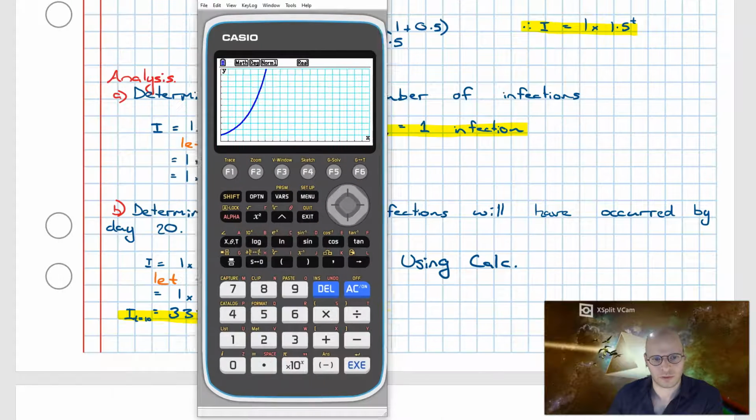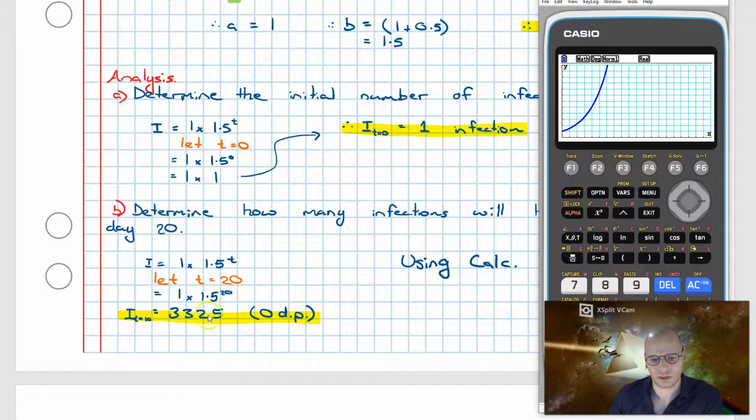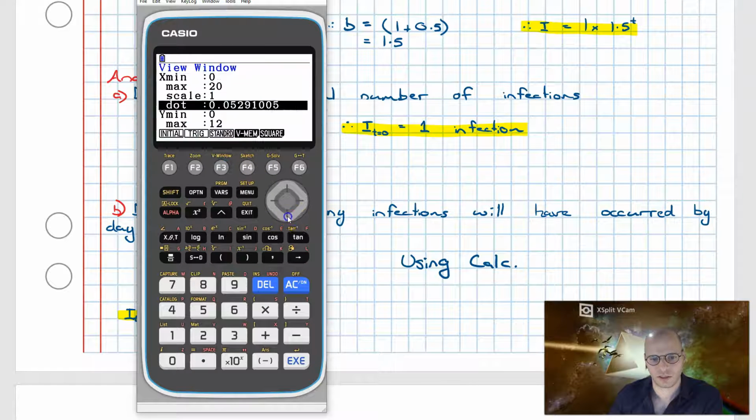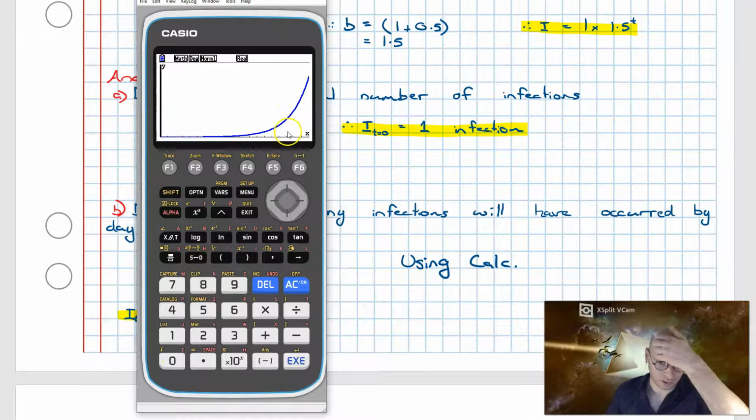Now we already have a little bit of foresight in that we're going to need to increase the y value because we already pre-calculated it. But if we get to this situation here where we don't see enough of the information, then we just increase the v window. So I'm going to ramp it up a fair bit, go to 4,000. Thus we can see all the way up to day 20. Solving for the value of y, we're going to go in and click ycal.